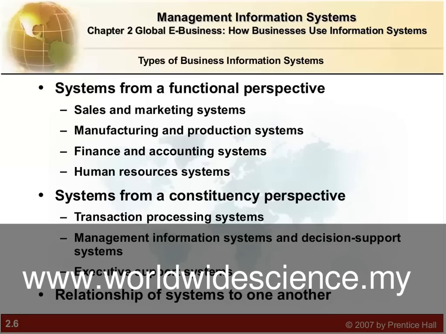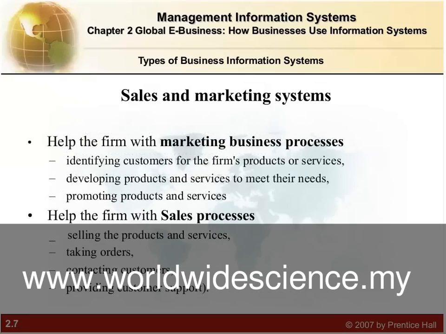First, let's have a look at functional systems. For example, the sales and marketing system. Sales and marketing systems help the firm with marketing business processes: identifying customers for the firm's products or services, developing products and services to meet their needs, and promoting products and services.